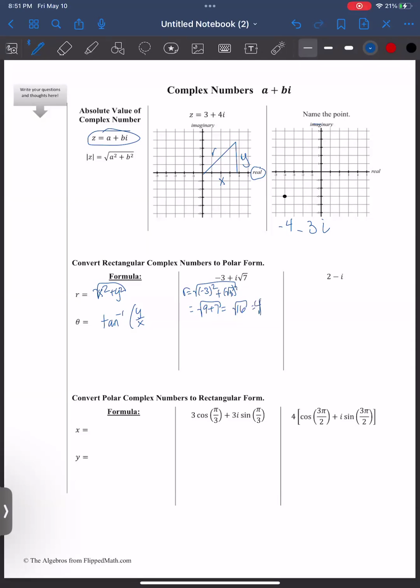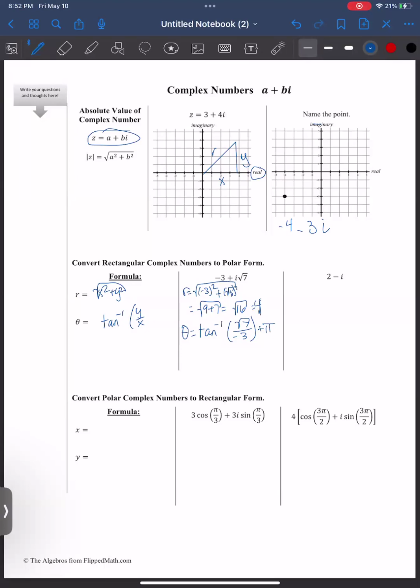And then for the theta, it is the inverse tangent of square root of 7 over negative 3. Again, I'm ignoring the i values that I have. This value is going to be in a different quadrant, so I would need to add pi at the end, like we had to do in the first example.